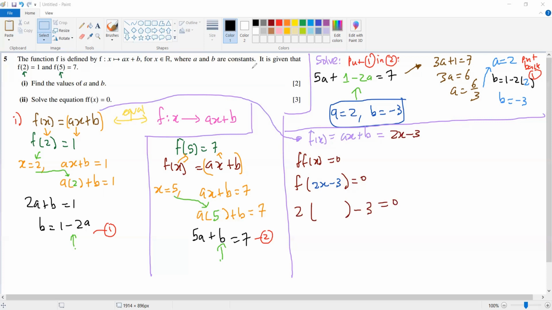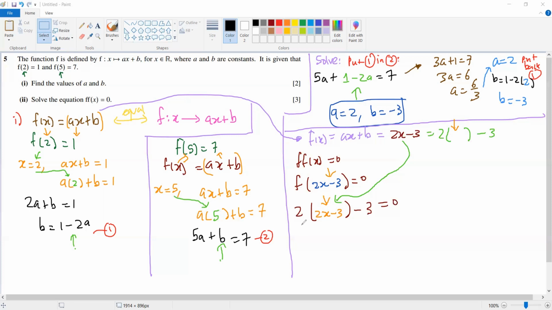So 2 bracket, the x is just a bracket, like a structure: 2 structure minus 3. This is easier to understand functional substitution: instead of putting an x here, now you put 2x minus 3. The three orange arrows tell me that this is 2x minus 3. So that's how they read this functional notation.